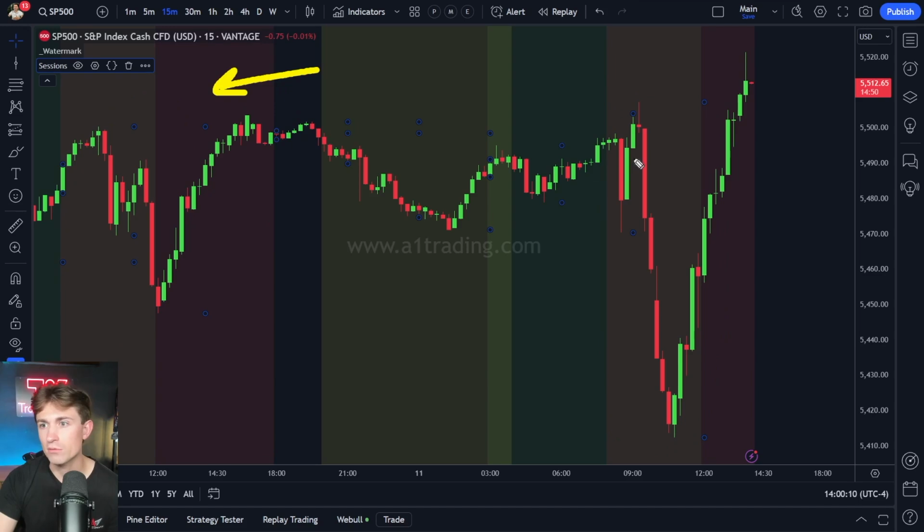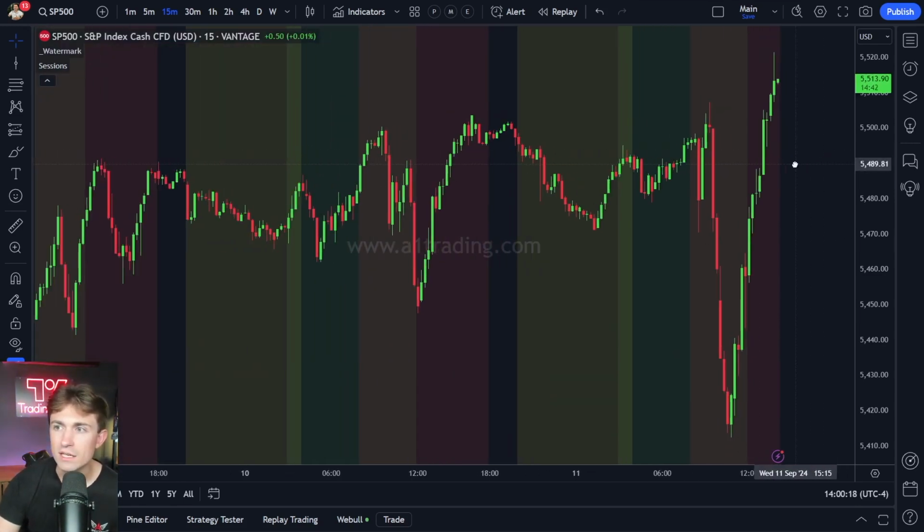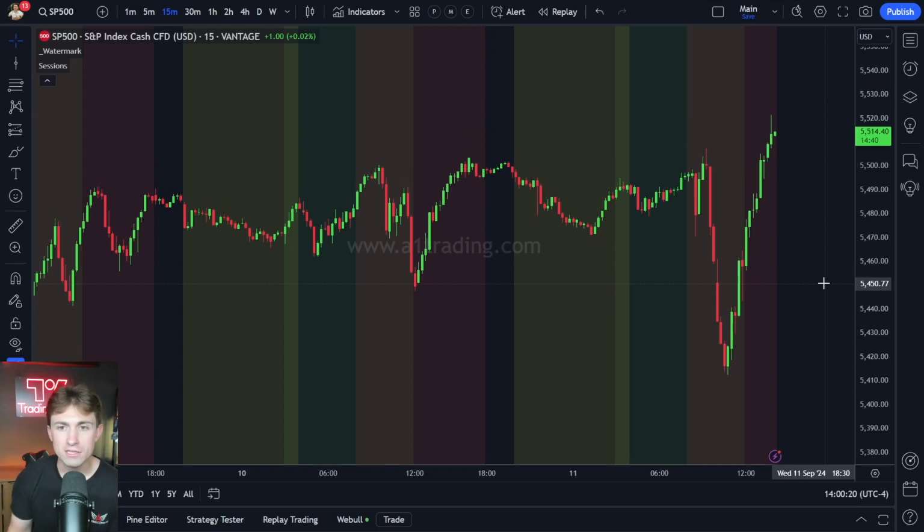The green only is the London session. So you can break this down by session, which is very nice because it gives you an idea of when volatility is likely to be happening, and more dead space times when things are not expected to move very much. And this can make trading indices a lot better because you're trading during the sessions when they're active, not waiting around for price to do anything if you're trading the wrong time.